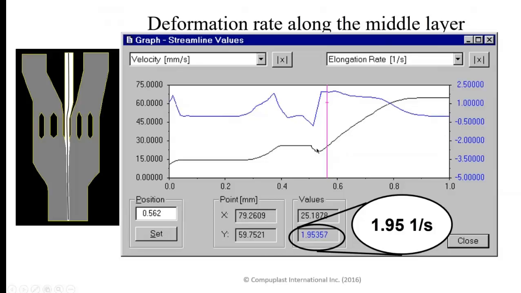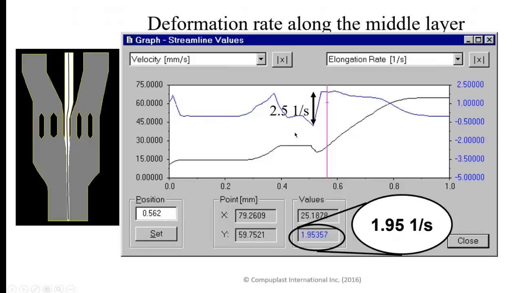There's a slight deceleration where the material merges with the other layers, and then there's the acceleration after the channel tapers and the material accelerates to enter into the die. But all in all, the maximum elongation the material experiences is about half of what it experienced before.